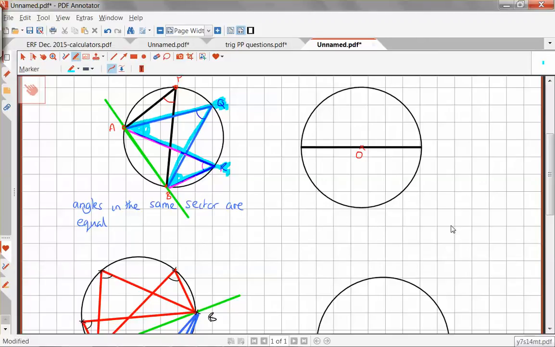Right. Now we're following on with the same thing. This time, if A and B are at either end of the diameter of the circle, right?